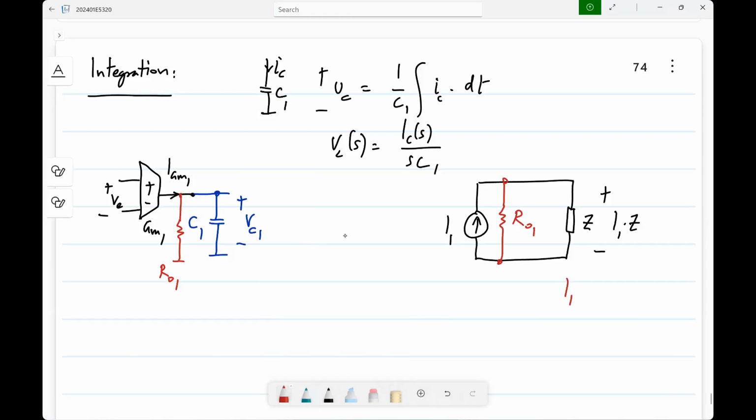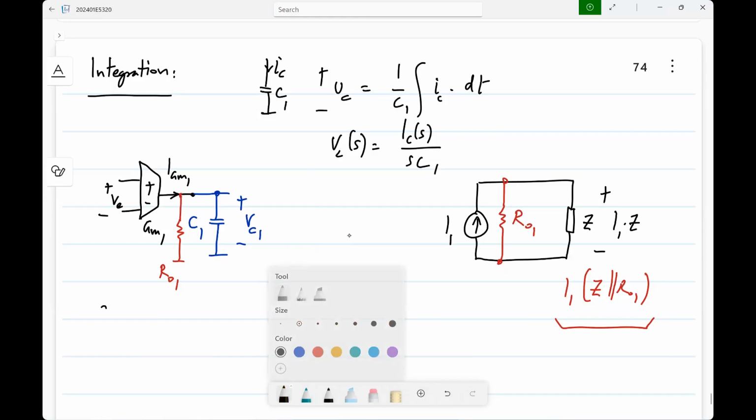You will get I1 times Z parallel RO1. So this way of converting I1 to a voltage by connecting the impedance directly across the current source is not the best way to do it, because then the same voltage appears across RO1 and it will steal some of the current. So now the question is, can we have a better current controlled voltage source?